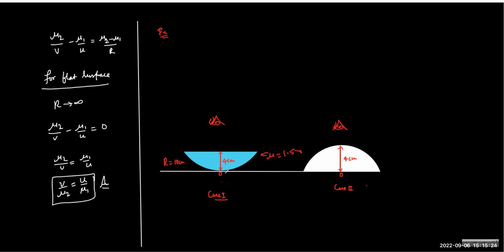So if U is 0, V will be how much? What will be the V value if U is 0? You can solve. If we use that formula, then U is in the denominator. Anything divided by 0 is infinity.